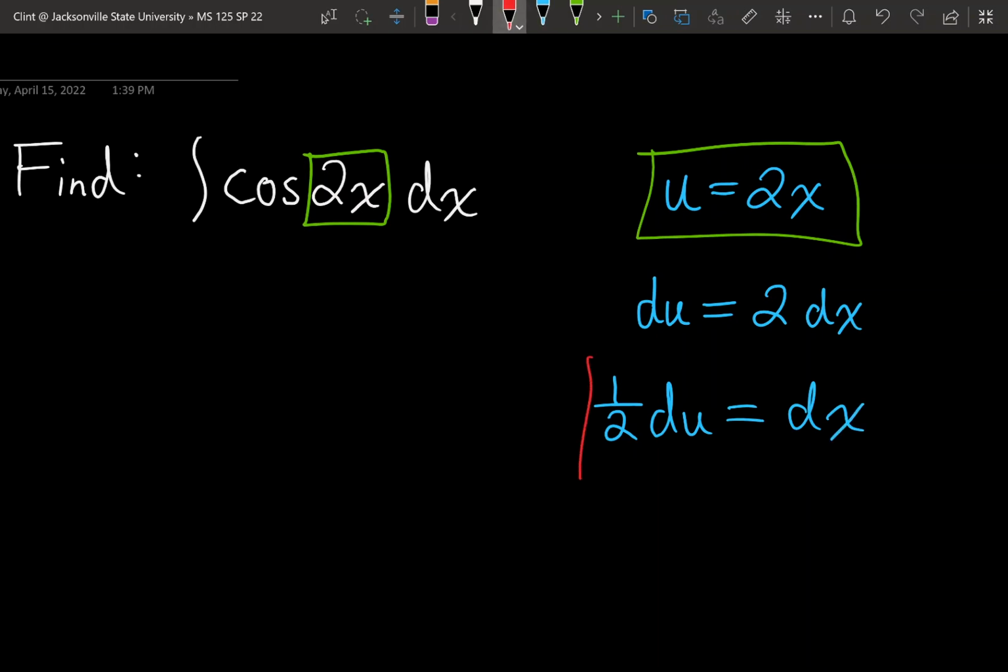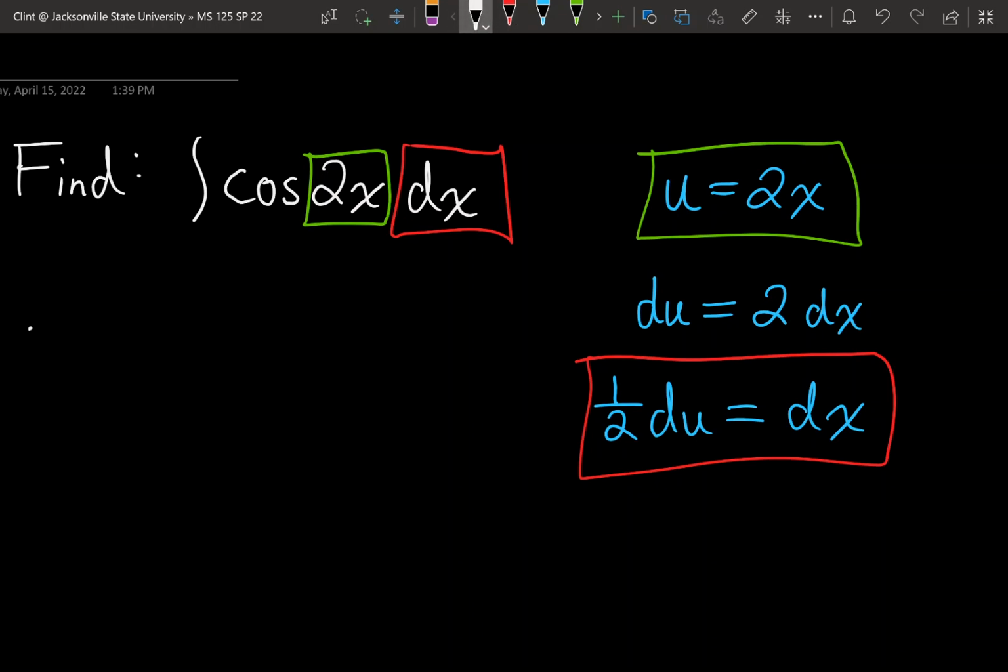So then now this is going to take care of this part. And the 1/2, where it comes into play, is we can put it out front as a constant factor of 1/2. Then we'll have cosine of u du.